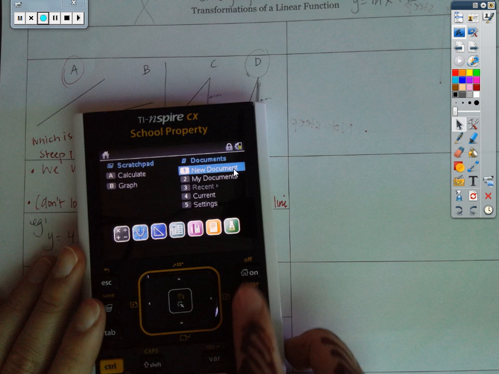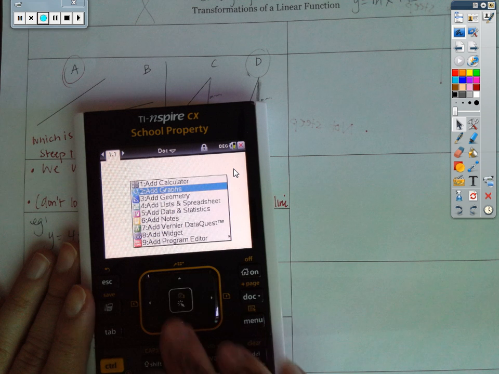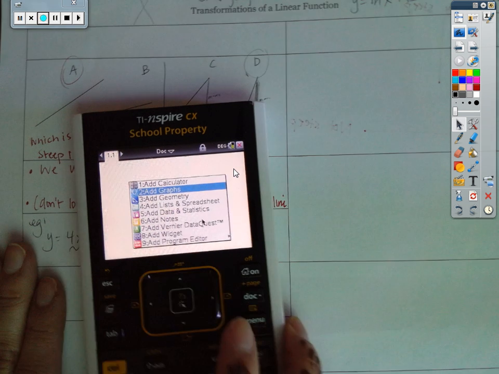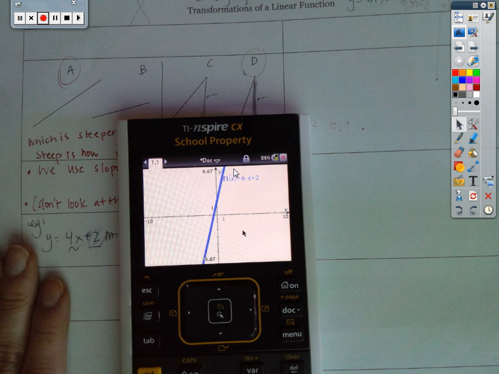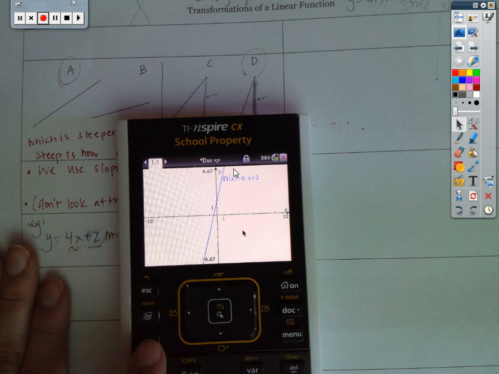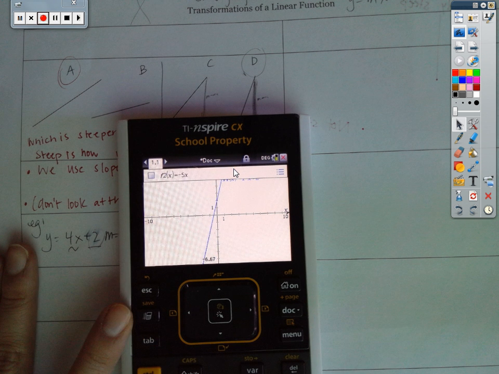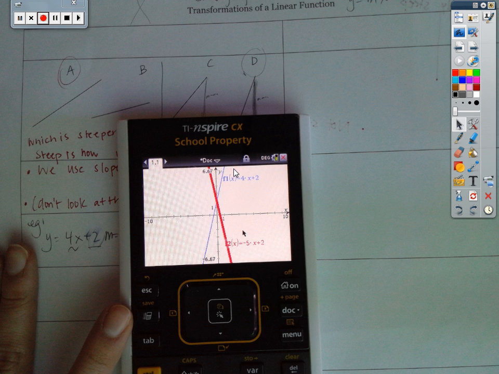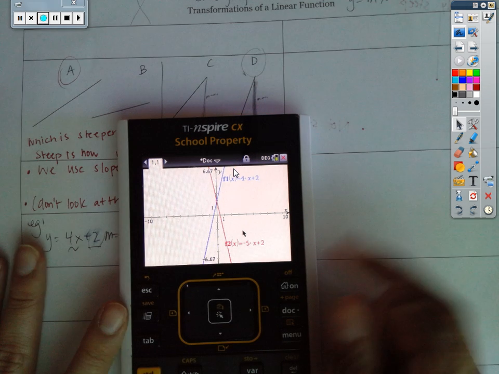So go to New Document, go to the Graphs. And we're going to type in both equations. 4x plus 2. Alright, and I press tab to get the other one. Negative 5x plus 2. So, if you can't see it like that, that's when we use this.